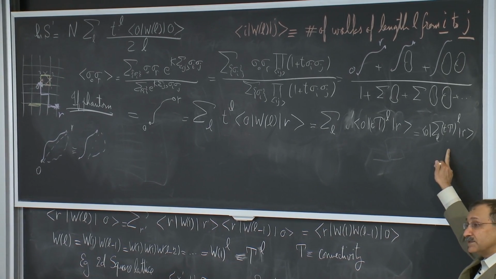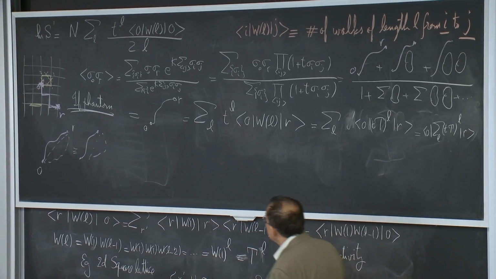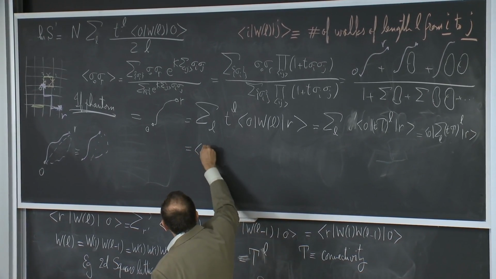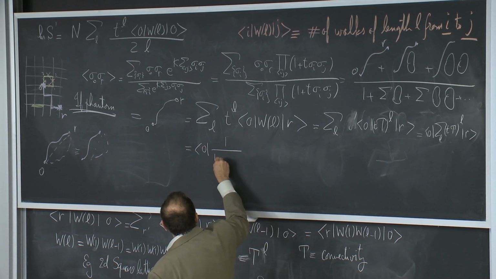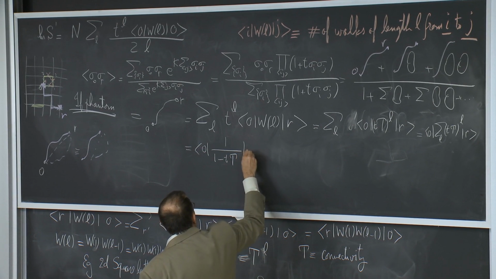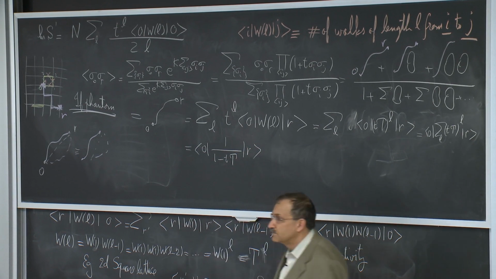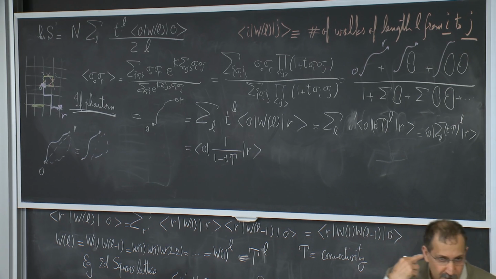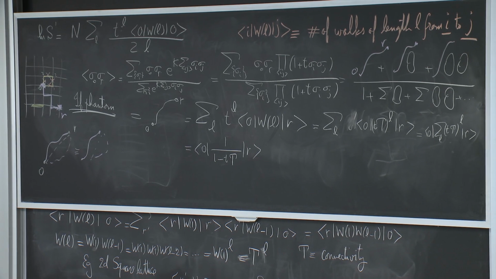This is a geometric series. We can immediately do the geometric series. The answer is 0, 1 over 1 minus t times the connectivity matrix, going all the way to R. Okay?